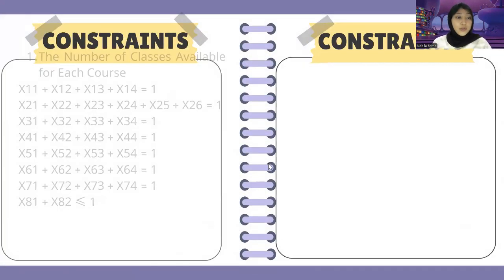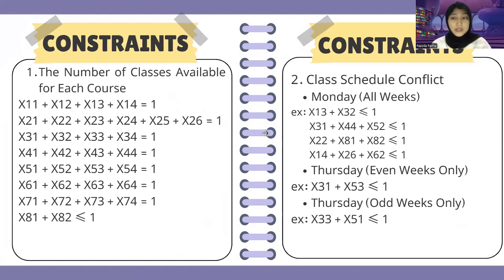And after that, we also need the constraints for the limitation to solve the problem. The first constraint is the number of classes available for each course. For example, X11 plus X12 plus X13 plus X14 equals 1. It means that the student can only choose one class for the course Analisis dan Estimasi Biaya.